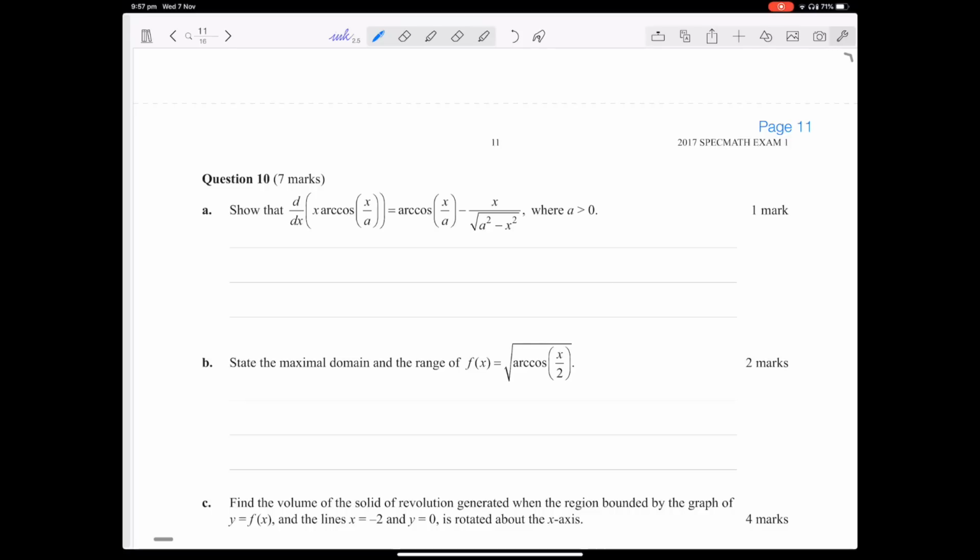d dx of arc cos x is equal to that. Okay. So d dx of x times arc cos, or acos, it's the same thing, arc cos x on a.